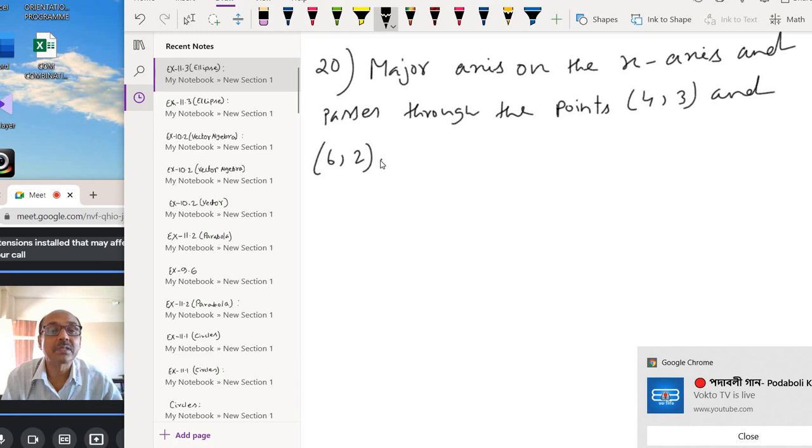So major axis on the x-axis and passes through the points 4, 3 and 6, 2. Find the equation of the ellipse.